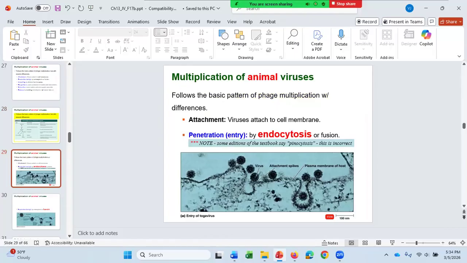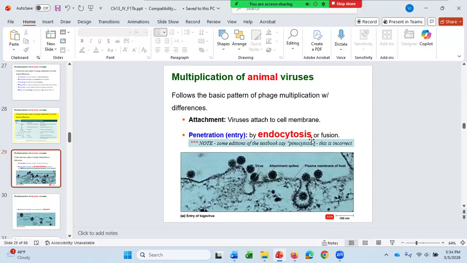So let's talk about multiplication of animal viruses. The attachment will differ, and that is you can't attach to the cell wall because animal cells don't have a cell wall. So the virus must attach to the cell membrane. And then it can enter the cell by penetration, that's entry of the cell, by one of two means, either by endocytosis or by fusion of the virus envelope to the cell membrane.